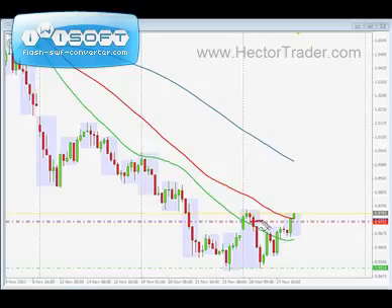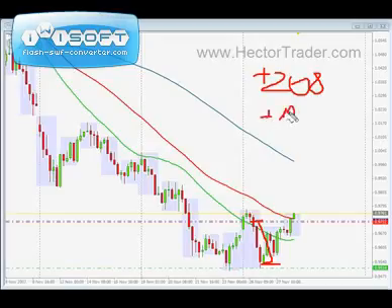I scored 208 pips on the first half of the trade. And since I only booked half of my lot size there, for the total account of this trade, I've scored effectively 104 pips on this one.